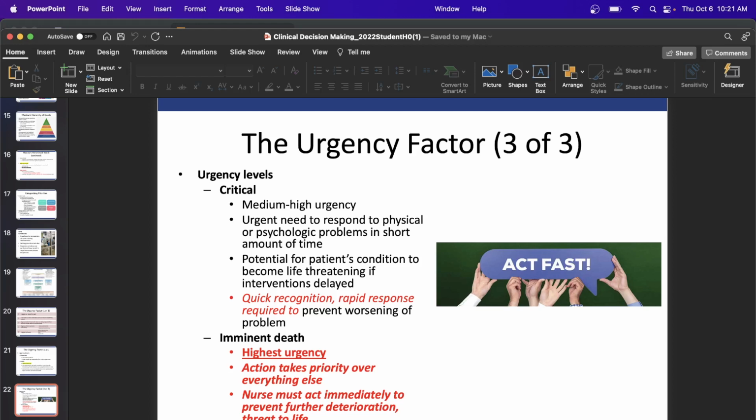Acute or medium priority, here there's low potential for the patient's condition to become life-threatening. So there's some time, we have the gift of time, but we still have to intervene and assess because if we don't pay any attention to it, it could become a problem.